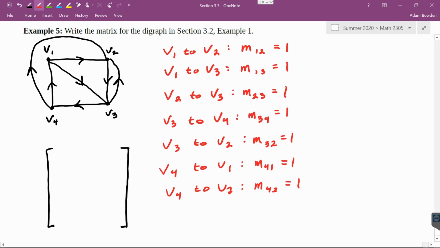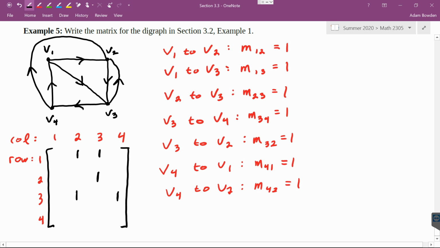Okay, so let's go through each row and column here and fill out. For vertices, we have 4 rows, 4 columns. So first off, we'll locate first row, second column gets a 1. First row, third column gets a 1. Second row, third column gets a 1. Third row, fourth column gets a 1.